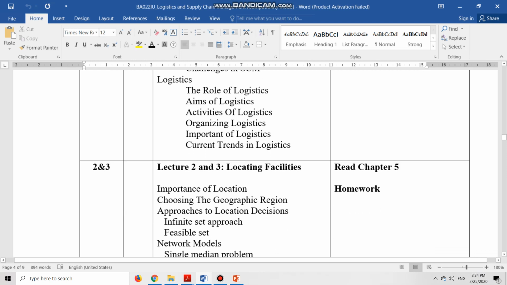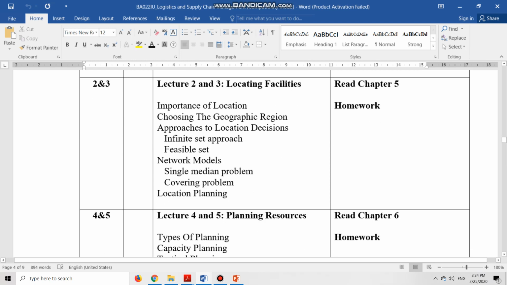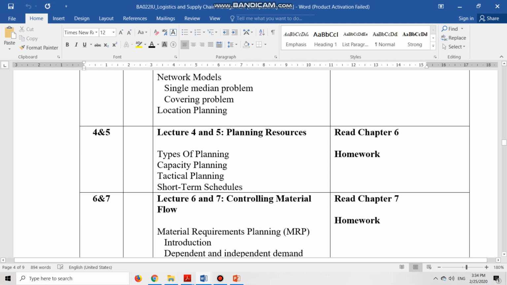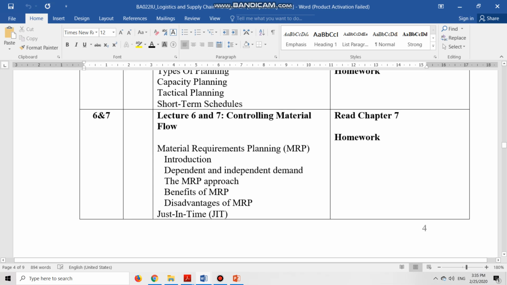In the second and third weeks, we will learn about locating facilities. In the next two weeks, we will learn about planning resources. And next, in weeks 6 and 7, we will learn about controlling material flow.